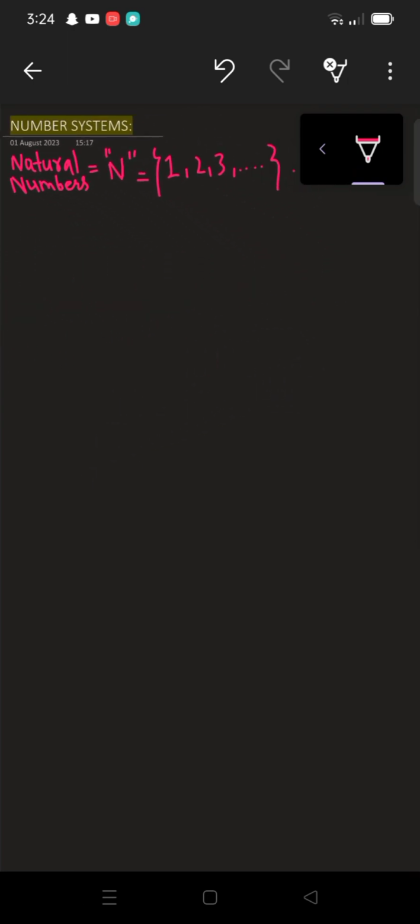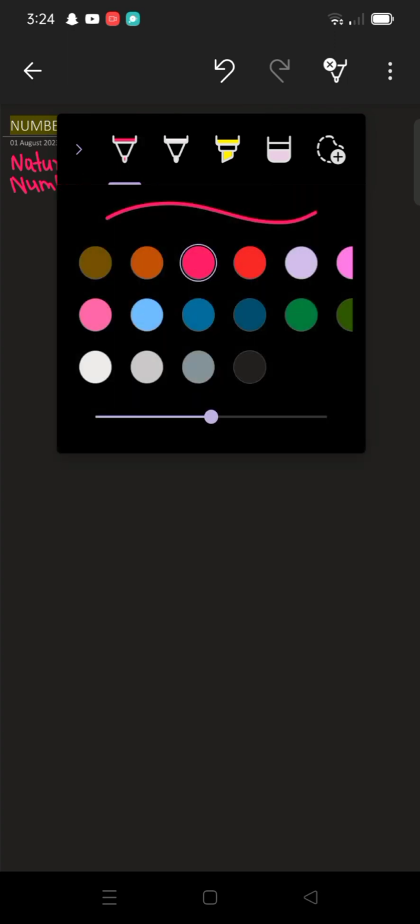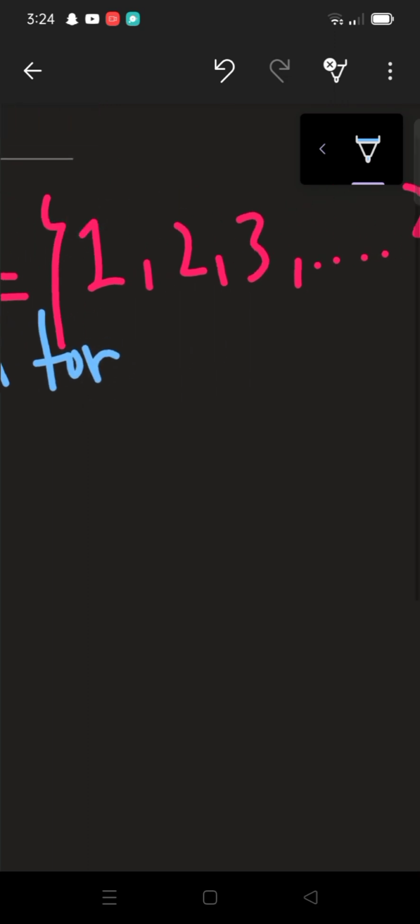Now we need to focus on where these numbers are basically used. These numbers are used for counting. So the natural numbers are used for counting.